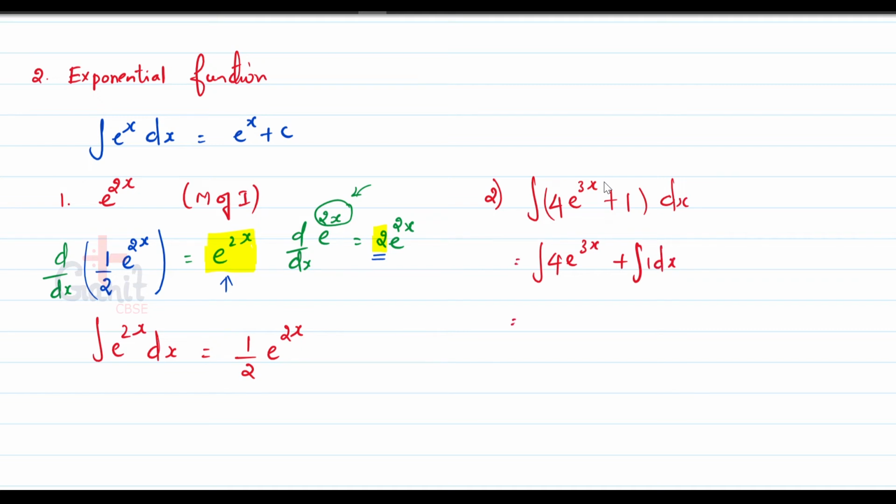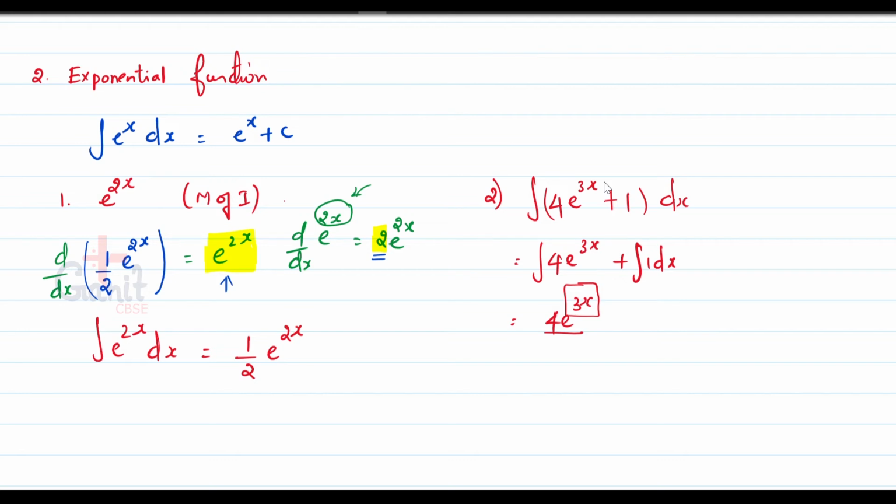If I integrate e to the power 3x, I'll get e to the power 3x, and the 4 is a constant, so 4 e to the power 3x, but I have to differentiate the power and write it in the denominator.